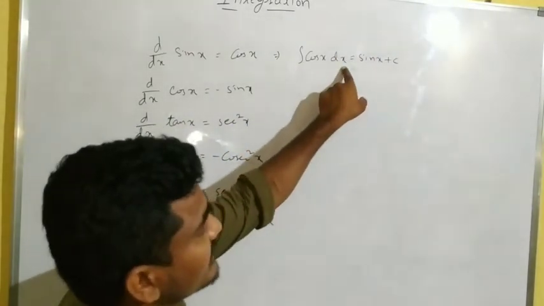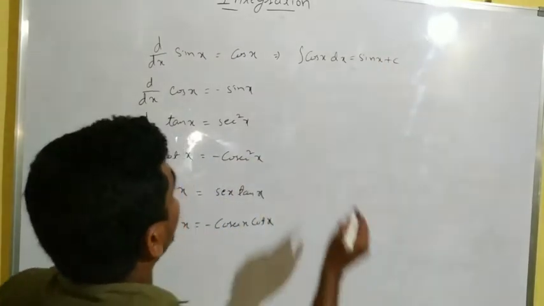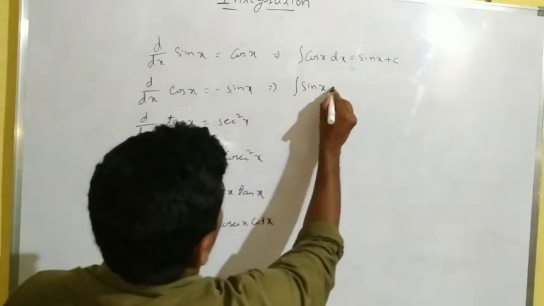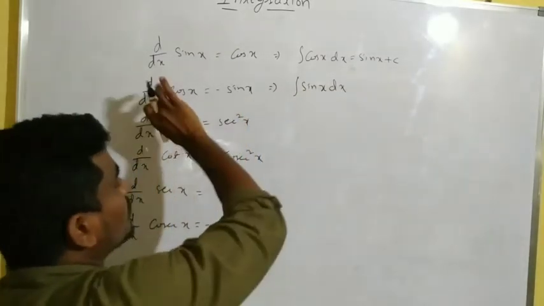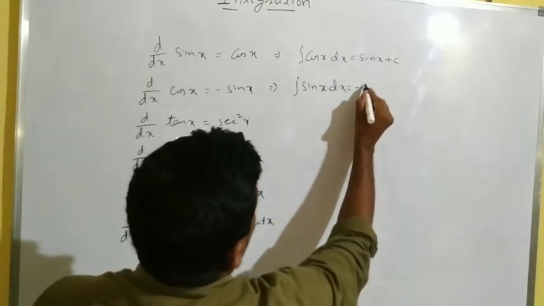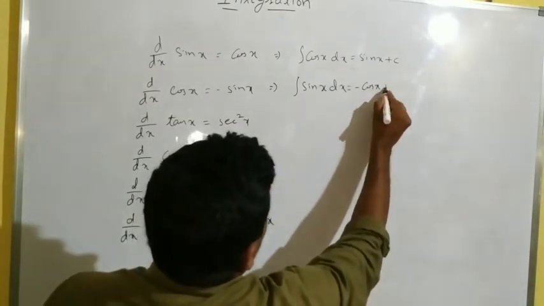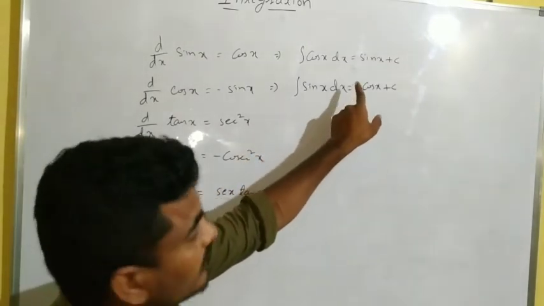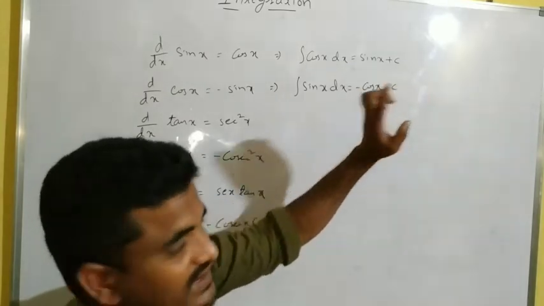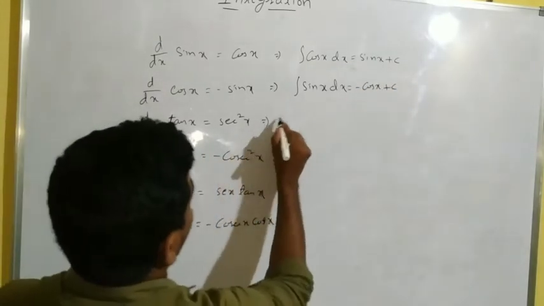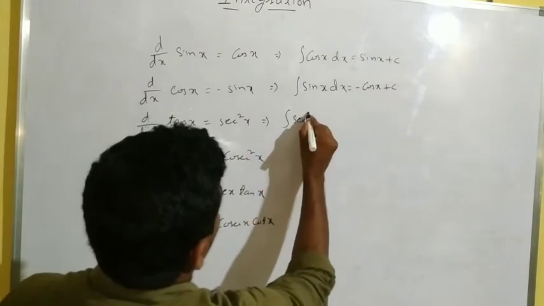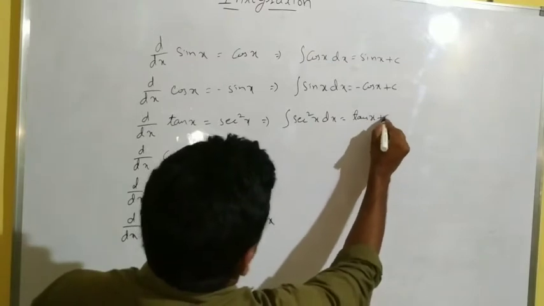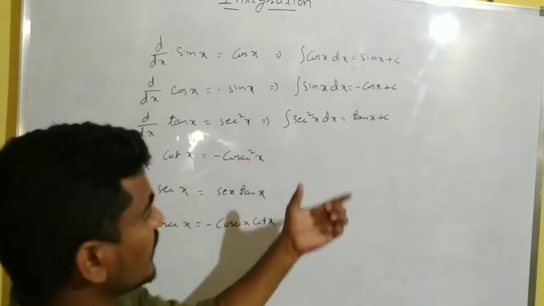And next, from sin x, I take the minus sign to the left side, so the integration of sin x dx is minus cos x plus c. And for this one, the integration of secant square x dx equals tan x plus c. I think you are getting how to write this.